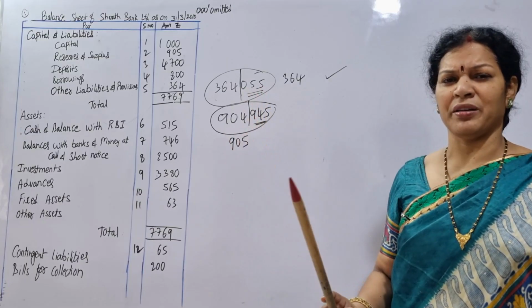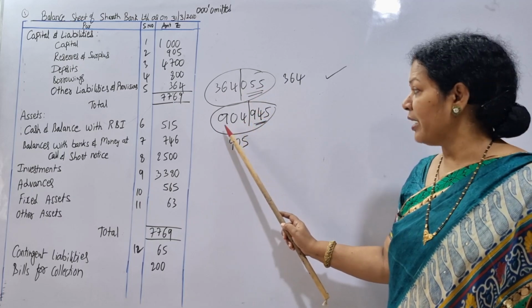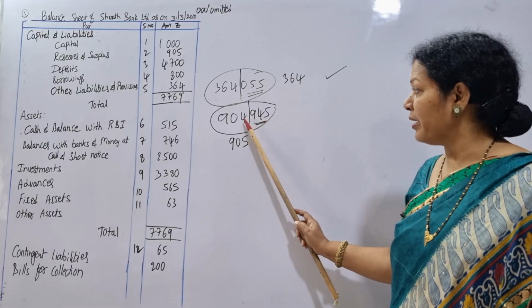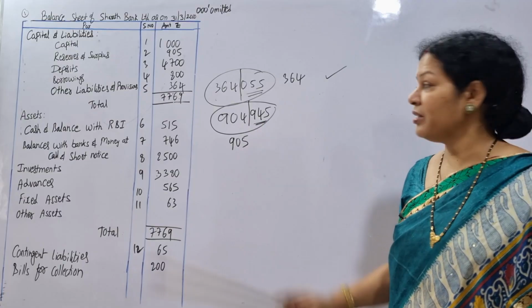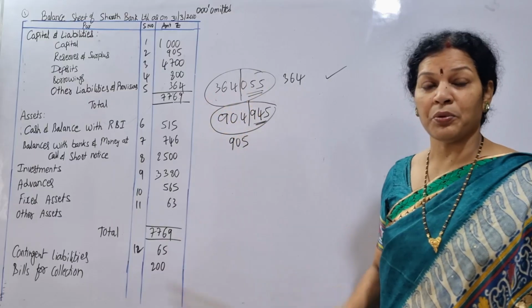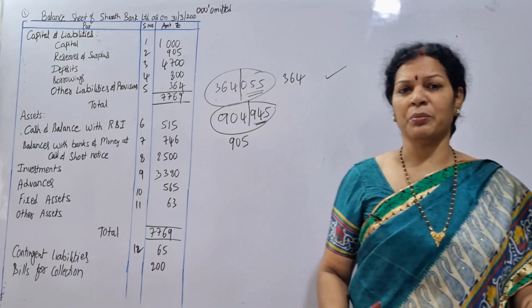It can be any number. If it is more than 500, then one number is to be added. Here 904 and 945 are more than 500, so 905 we have taken. Now here 055 means below 500, so same 364 only we have taken. Only this point remember. Rest of everything is normal.